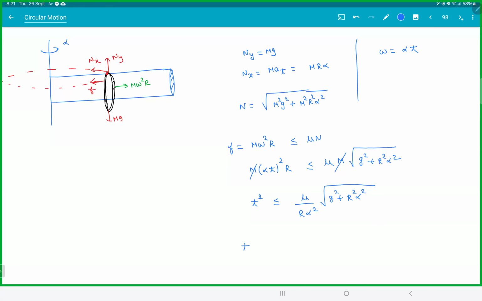Again root will come, so t must be less than or equal to root over mu by... you could have sent it inside and made power 4. So you would have got power 4 if you had done that. Yeah, this is the time when it slips.